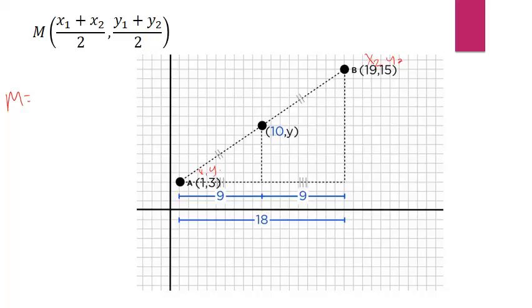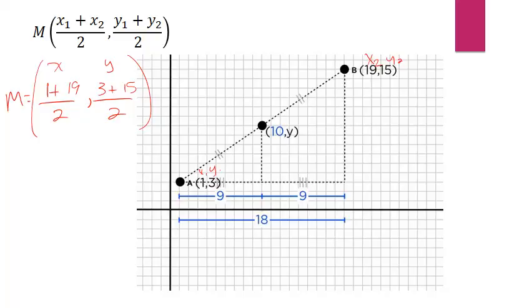And we're going to go, our x's are going to add, so we have 1 plus 19 over 2. And this is going to be our x number. And then we have our y's, which are 3 plus 15 over 2. This is going to be our y number.